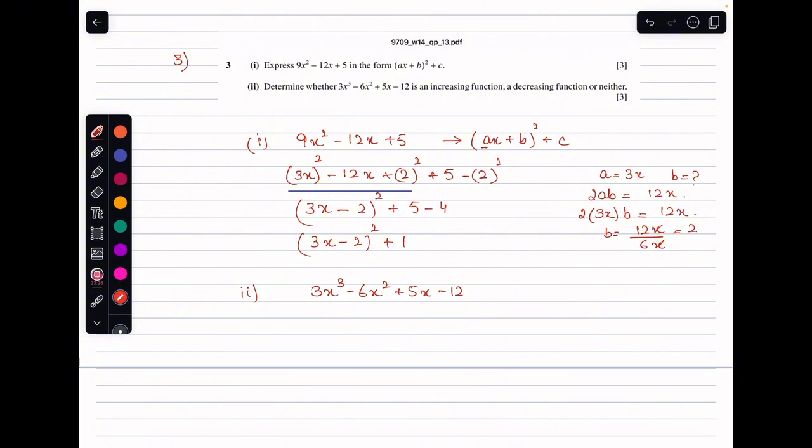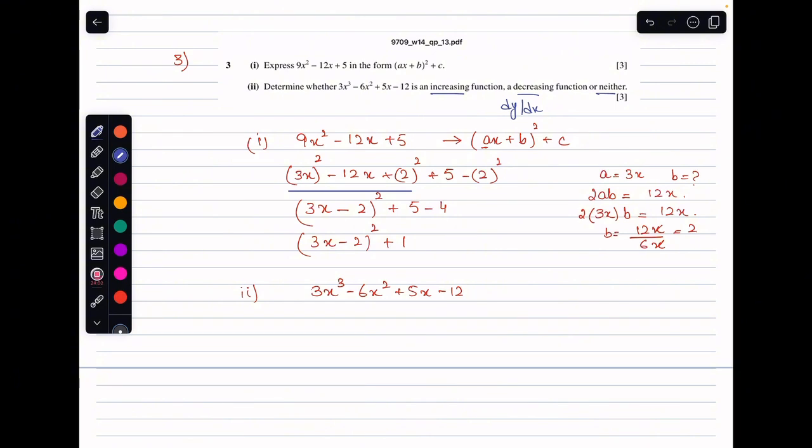And we know that to describe a function as either increasing, decreasing, or neither, it's actually the gradient function dy by dx which is responsible to decide whether the function is increasing, decreasing, or neither of the two. So that means here, if this polynomial, this curve equation is given to us, then I should be having the gradient equation to decide whether it's an increasing function, decreasing, or neither.